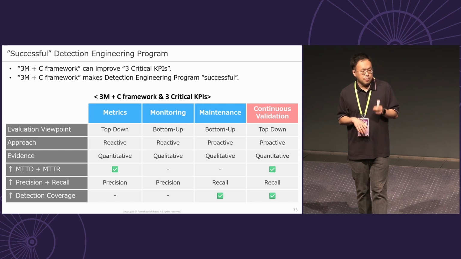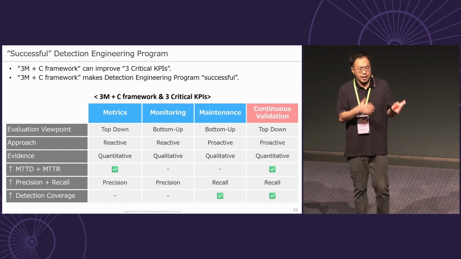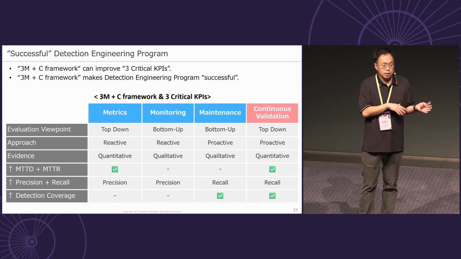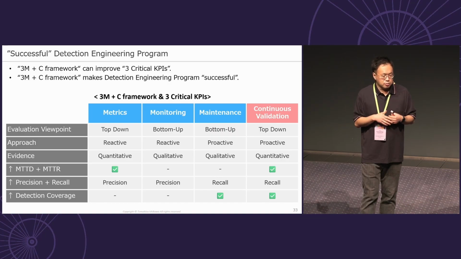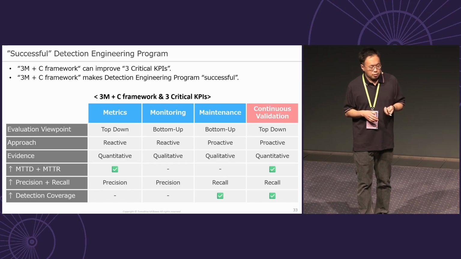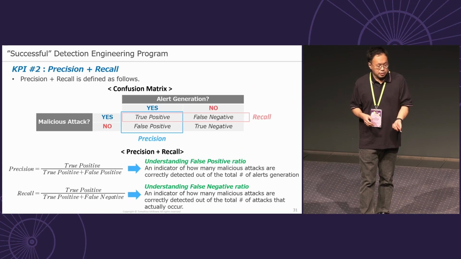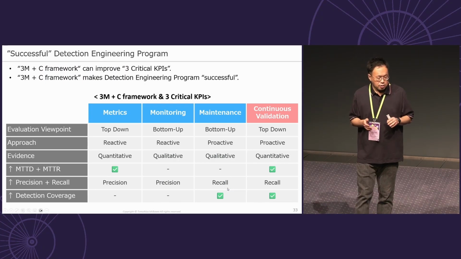But consider maintenance, which is using threat intel or applying deeper analysis on malware. This is also bottom-up, but much more proactive and much more quantitative. It improves the recall portion, which means we improve the false negative ratio, and also improves detection coverage.